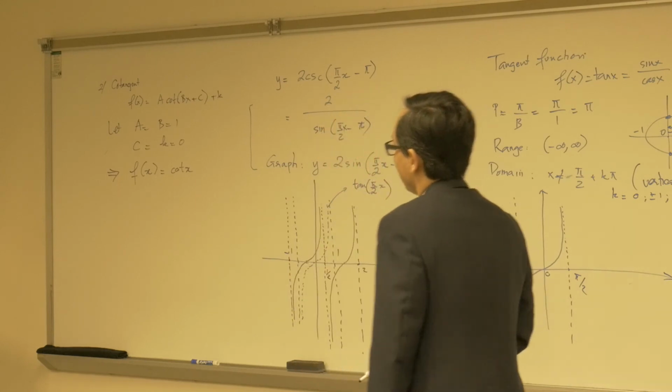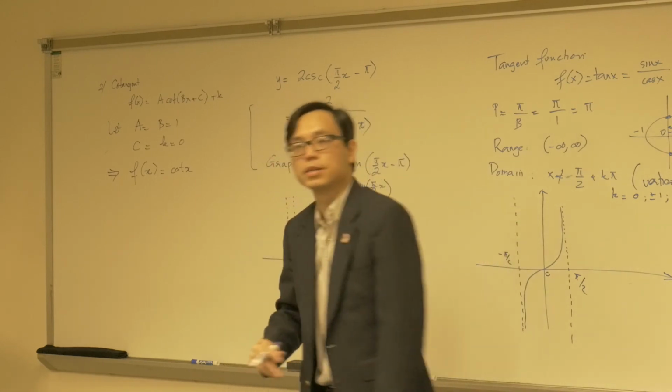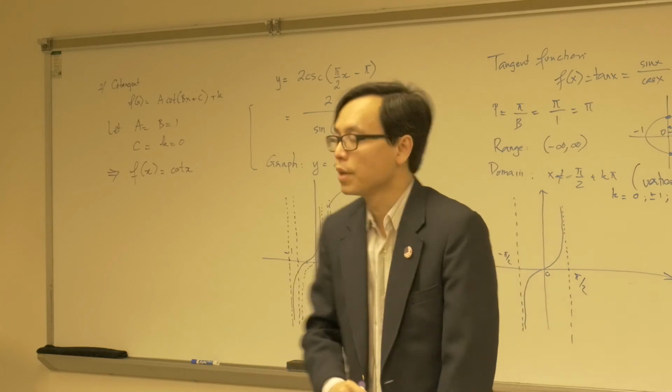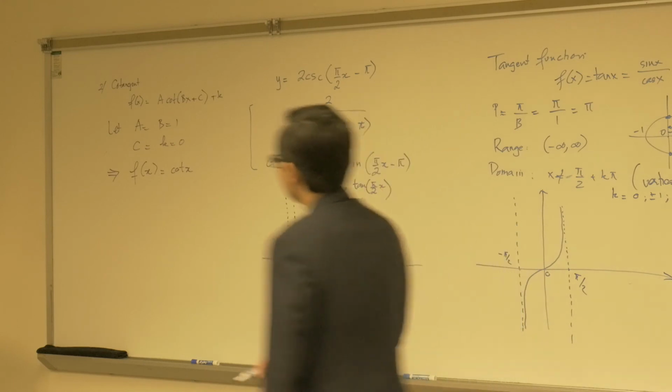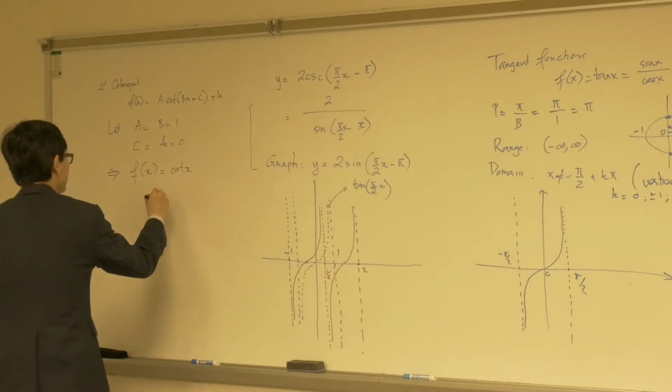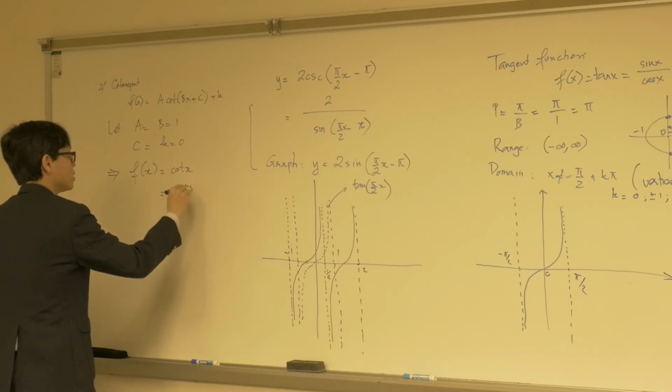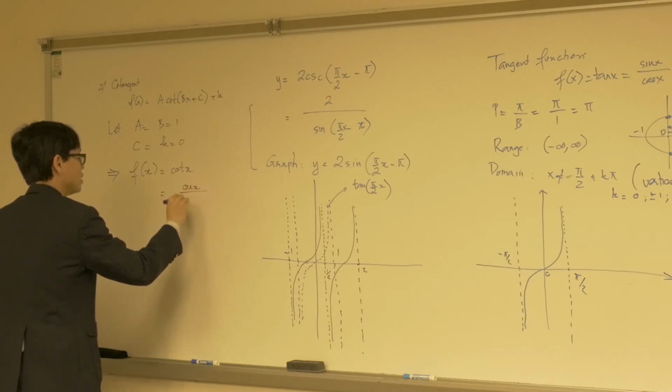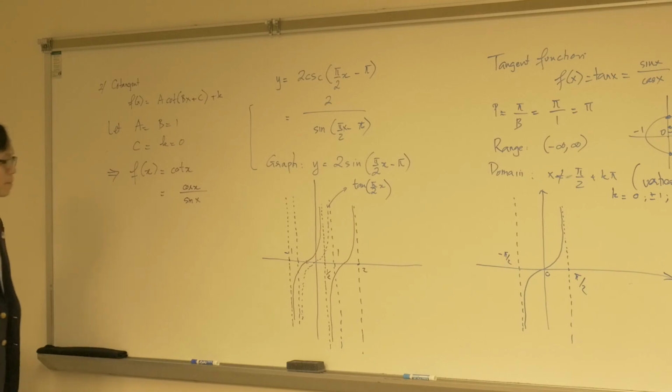We can see that for this cotangent function, is the domain the same as the tangent or not? So we're going to change cotangent. Cotangent is cosine over sine. Right now we have a fractional form, and we know that the denominator is not allowed to be 0.